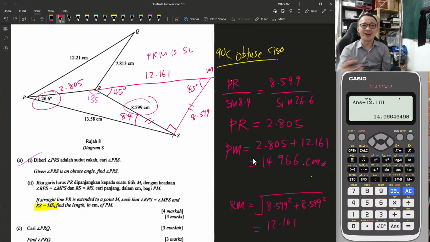But is this the correct answer? I believe some of you have the marking scheme, isn't it? I have it also, but I'm a bit lazy to check. What is the length of PM? No, it's 18.